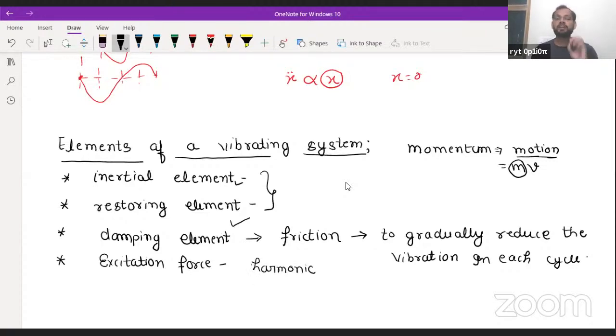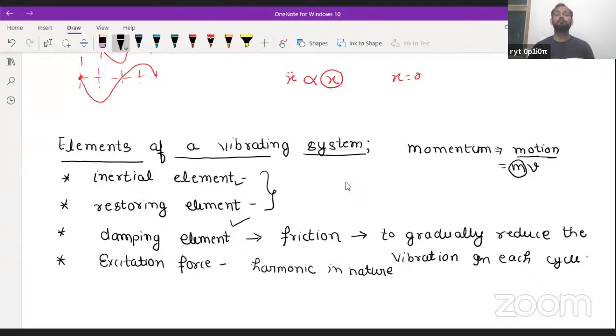If any external force is acting on your system, then the system will vibrate only when that force is harmonic in nature. Now what do you understand by harmonic in nature? That means either the force is changing its direction at every instant, or its magnitude is changing at every instant. So the type of load should be a dynamic load.